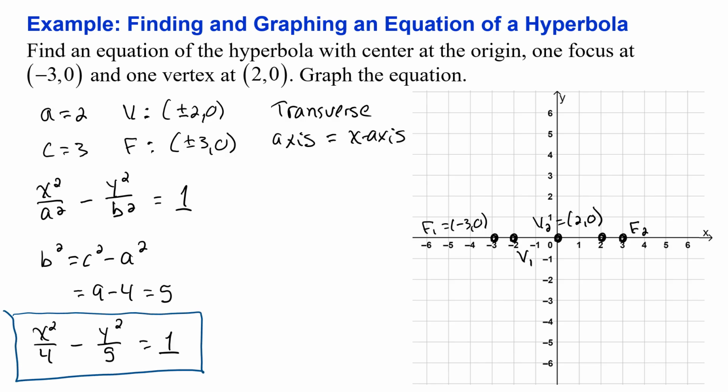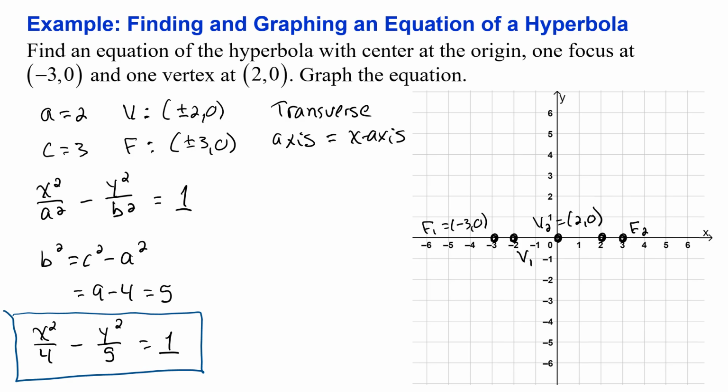So to finish the problem, we want to graph the equation. To help us graph the hyperbola, it's helpful to locate and plot a few other points on the graph. Now it's common to plot 2 points on either side of the foci. So for example, in this problem, we can plot points above and below the foci that are located at x equals plus or minus 3. So let's substitute x equals positive 3 or negative 3 into the equation.